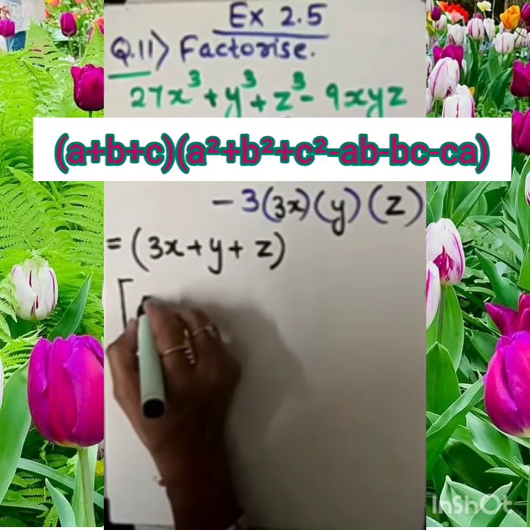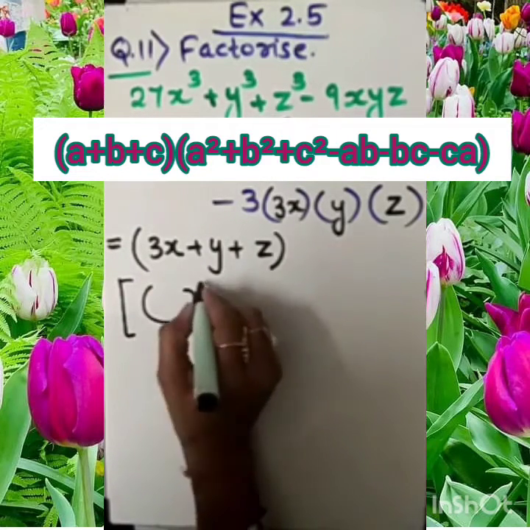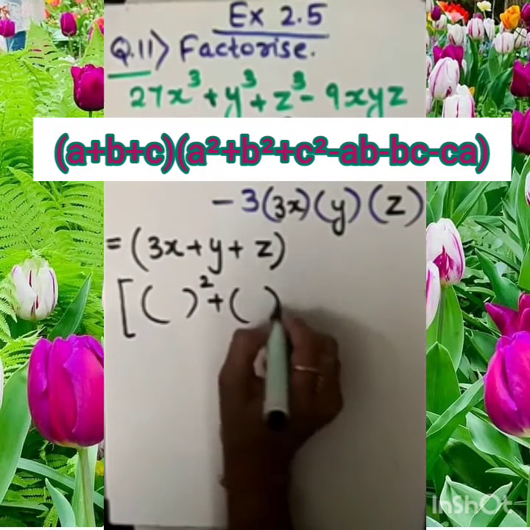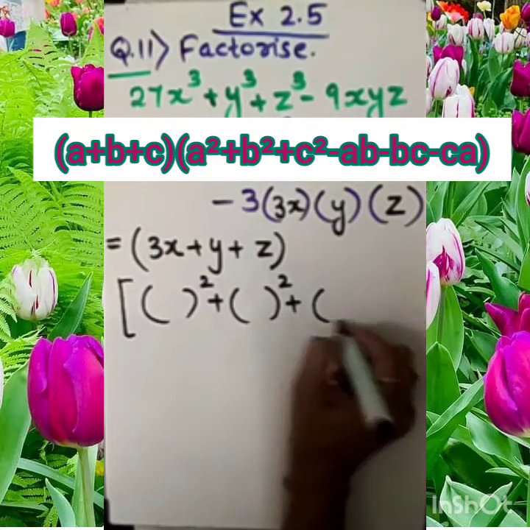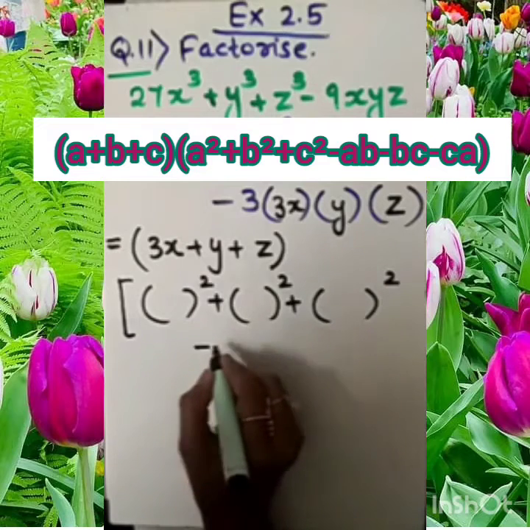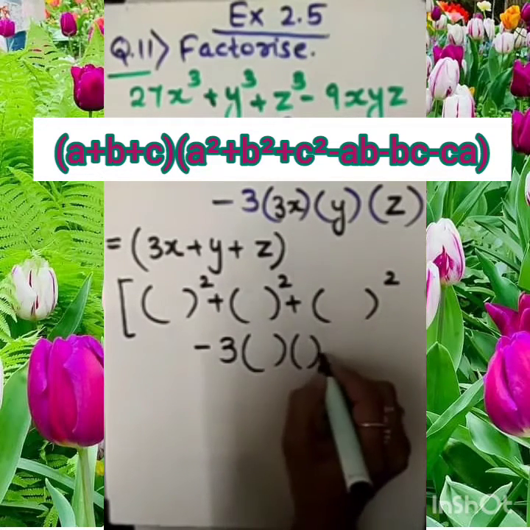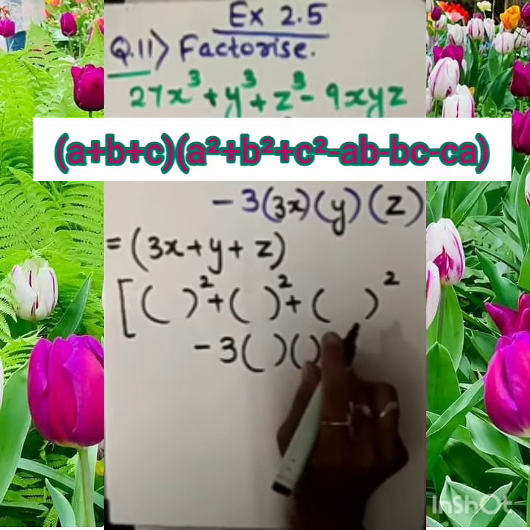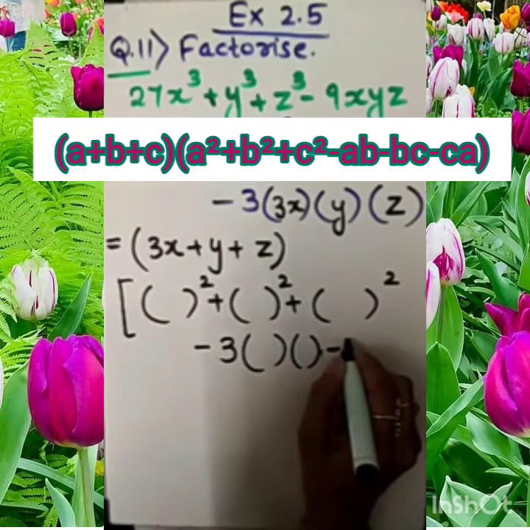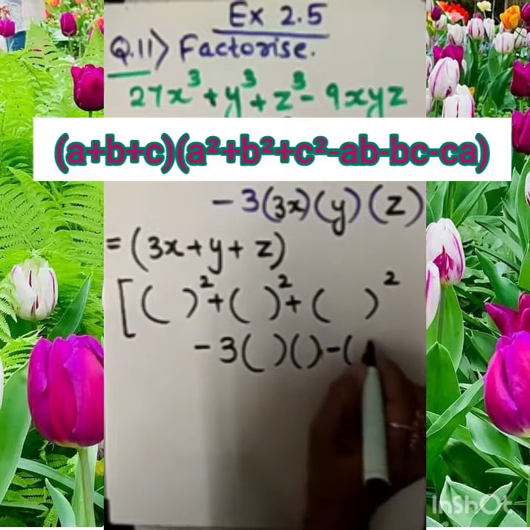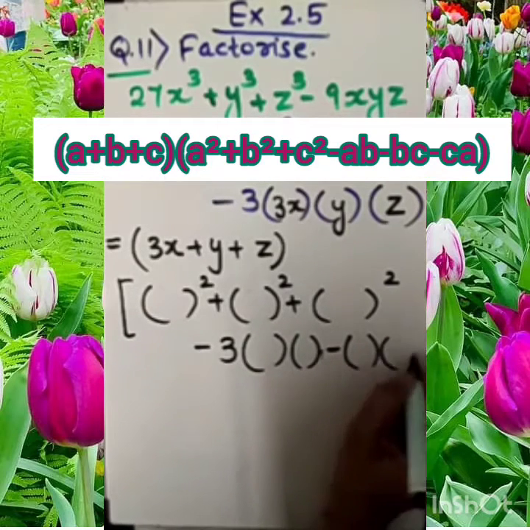In the second bracket, we need to write x square plus y square plus z square minus xy minus yz minus zx.